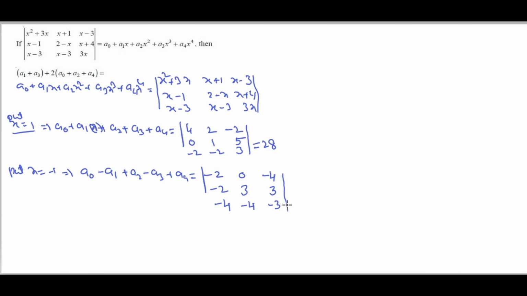So this total determinant value is equal to minus 86. So this is the first equation and this is the second equation.